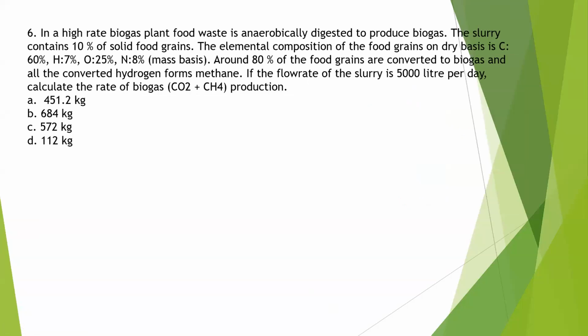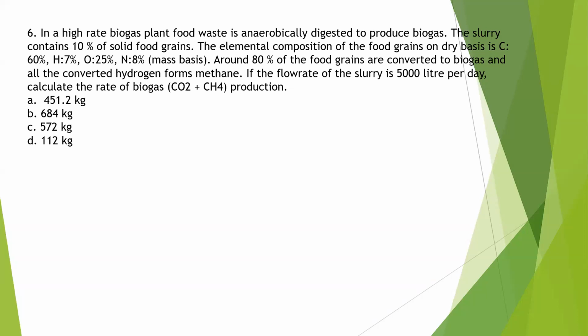It is a numerical based question. So the question is, in a high rate biogas plant, food waste is anaerobically digested to produce biogas. The slurry contains 10% of solid food grains. The elemental composition of the food grains on dry basis is carbon 60%, hydrogen 7%, oxygen 25%, nitrogen 5%, and these percentages are on the basis of mass.